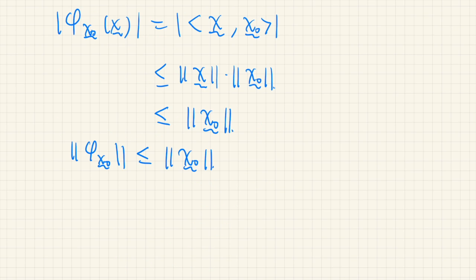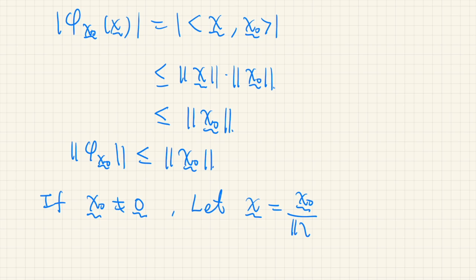And next we consider two cases separately. First, if x0 is not the zero vector, then let x be x0 divided by the norm of x0.